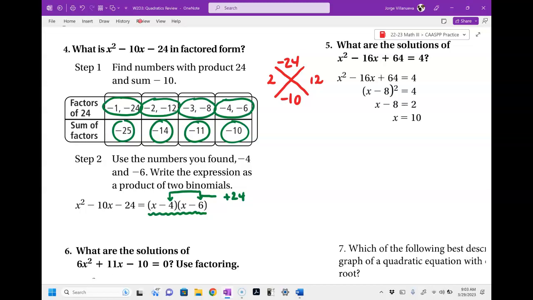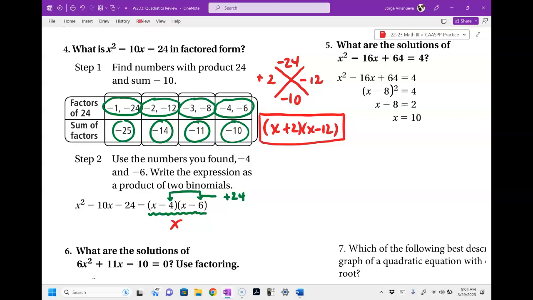The 12, right? So that means my factors are supposed to be (x + 2)(x - 12). This is what it's supposed to be right here. Not this. This is wrong. It looks right, right? It multiplies to 24, adds up to 10, but just not the right way. The signs don't make sense on that factor.